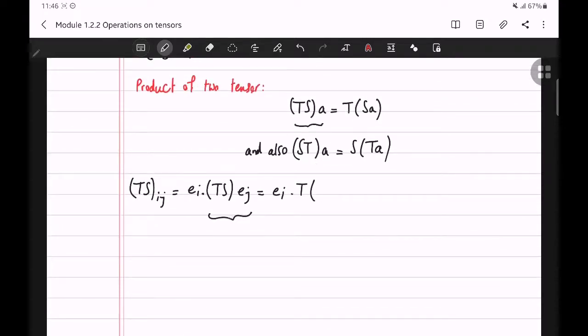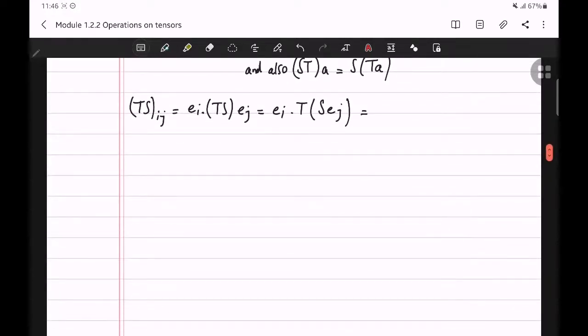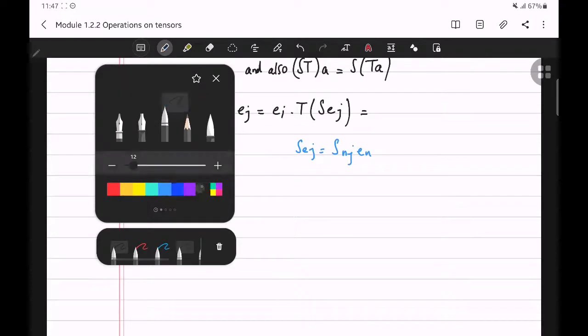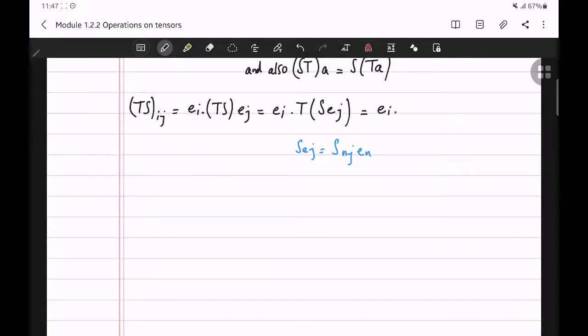We already defined S ej in previous sessions as Snj en.